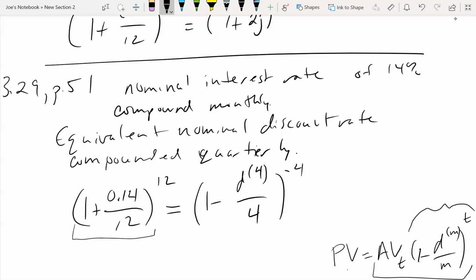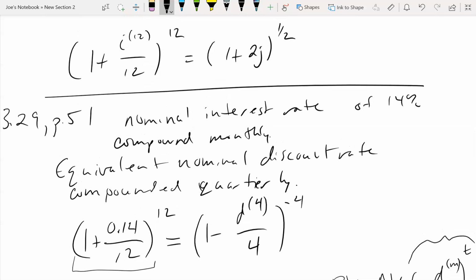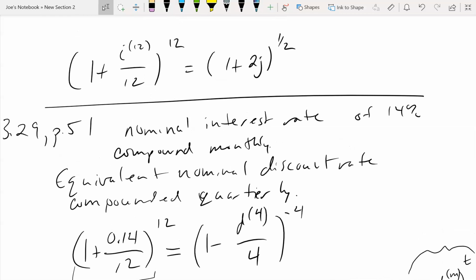The reason they're the same is because I'm doing it for 1 year on both sides. There are 12 months in a year, and there's a half of a 2-year period in a year. It's because I'm specifically setting it equal to a year. If I did a different time frame, they wouldn't be the same.